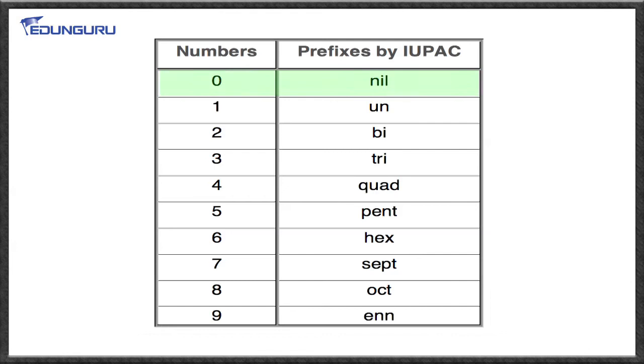For example, for 0 they suggested nil, for 1 un, for 2 bi, for 3 tri, for 4 quad, for 5 pent, for 6 hex, for 7 sept, for 8 oct, for 9 enn.